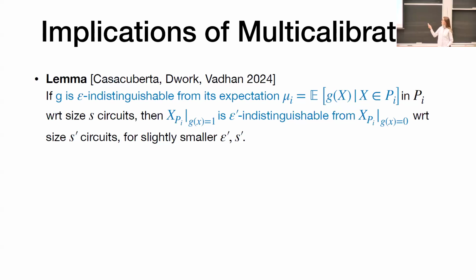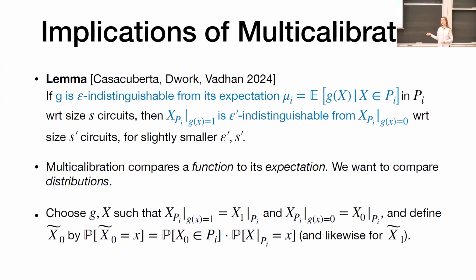If G is epsilon indistinguishable from its expectation in a part of the partition, and this expectation is taken with respect to a distribution x, then we can say that x in this partition, where the G function equals 1, is epsilon prime indistinguishable from x in this partition where the G function equals 0 with respect to size s prime circuits, where epsilon prime and s prime depend on epsilon and s and are just slightly smaller. So we can go from a function being indistinguishable from its expectation to saying two random variables are also going to be indistinguishable.